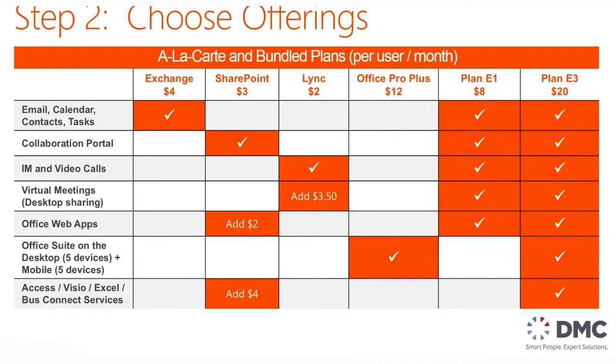Alternatively, you can choose the E3 package, which also throws in the full desktop version of the Office suite: Excel, PowerPoint, and Word. Usually the E1 or the E3 is going to be the best deal, $8 or $20, but you can break down all the different components of the package and purchase them a la carte.